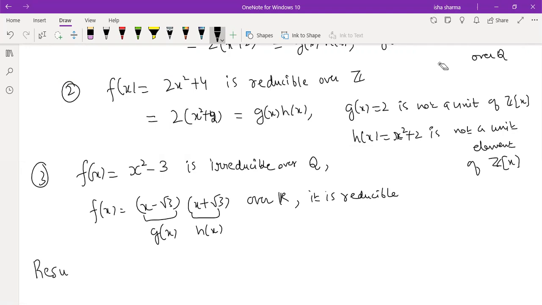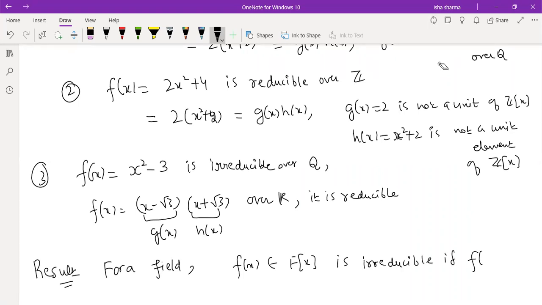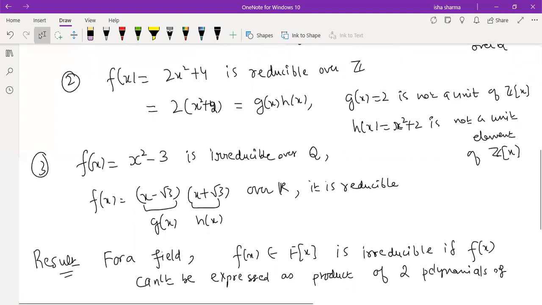For a field, we can say a polynomial f(x) belonging to F[x] is irreducible if f(x) cannot be expressed as a product of two polynomials of lower degree.